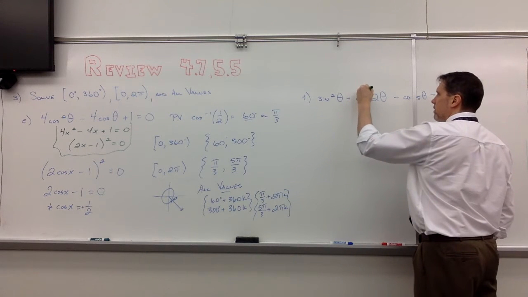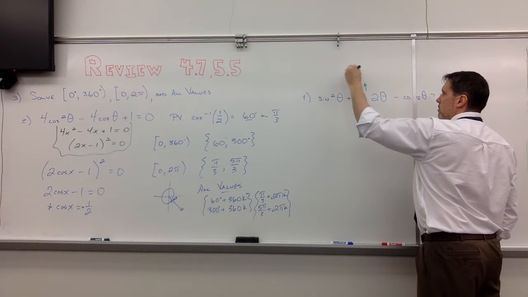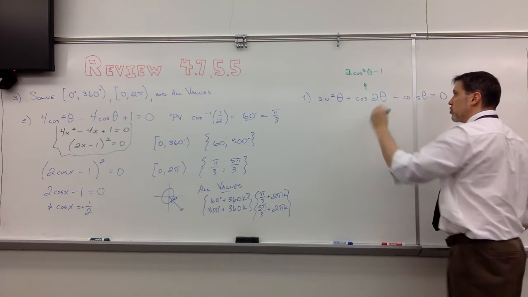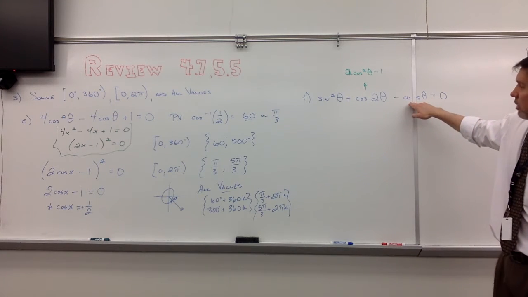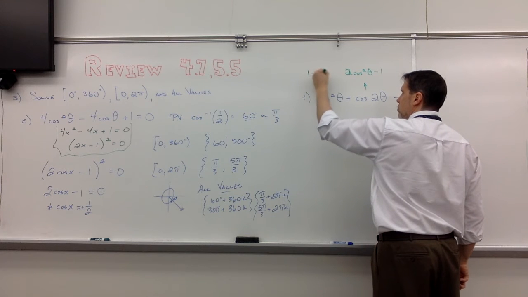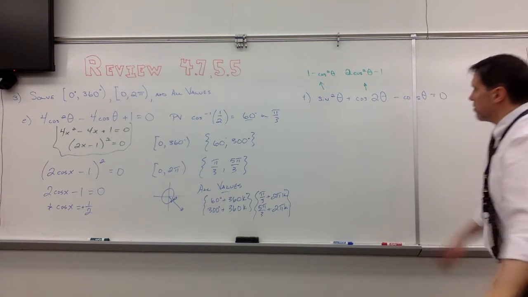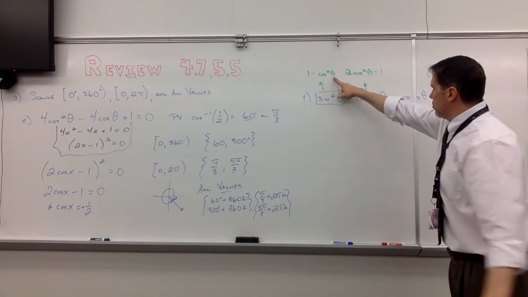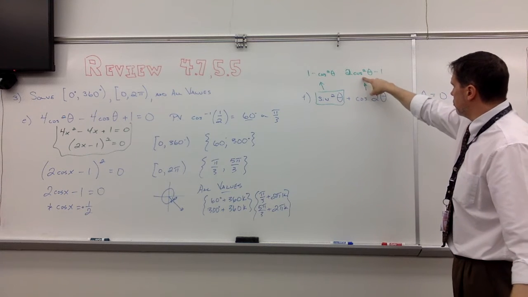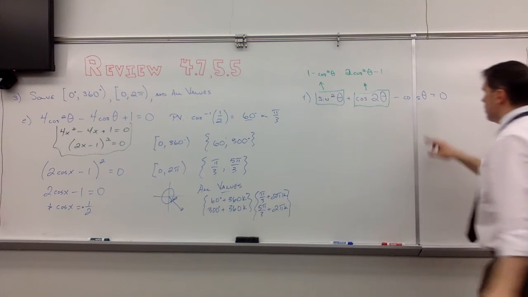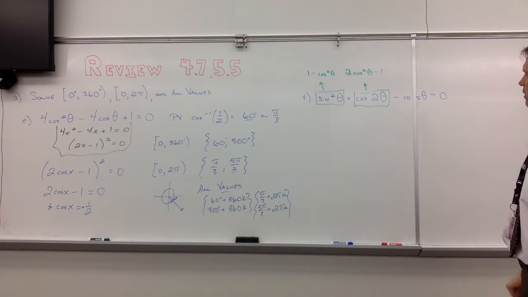And I'm going to pick the 2 cosine squared theta minus 1, just to agree with that cosine. So I'm going to call this 1 minus cosine squared. So substitute sine squared theta as 1 minus cosine squared, cosine 2 theta as 2 cosine squared theta minus 1 from the double angle identity, just to accommodate the cosine of theta. I think that's what we're going to have to do.